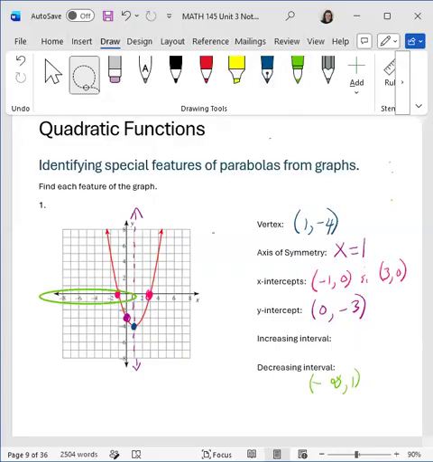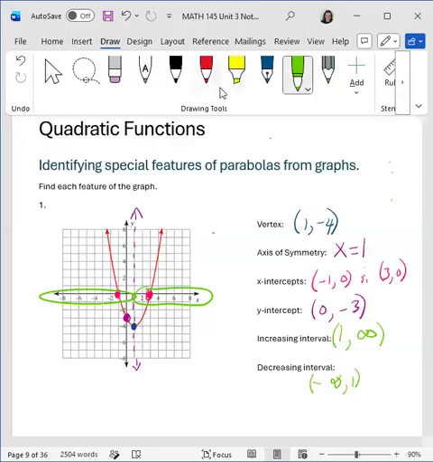The increasing interval is the right-hand side of this graph. So it starts at 1 and goes to infinity. So this section of my x values are where the parabola is increasing. So from 1 to +infinity is where it's an increasing interval.